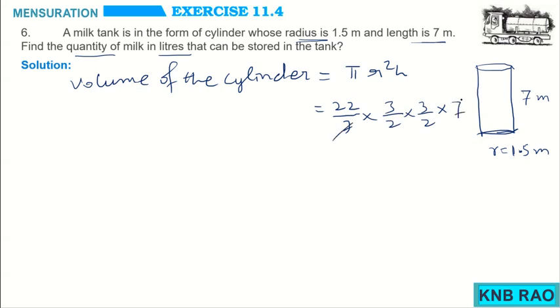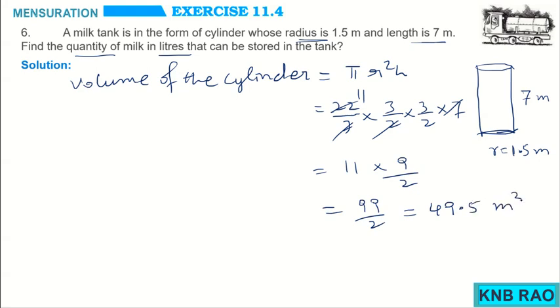So this 7 and this 7 cancel, this 2 and this 22 cancel. So 11 into 9 by 2, so 99 by 2, which is 49.5 meter cube.